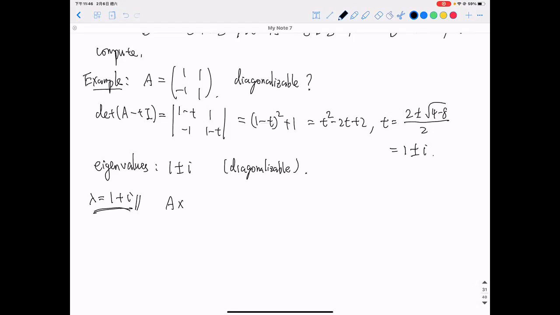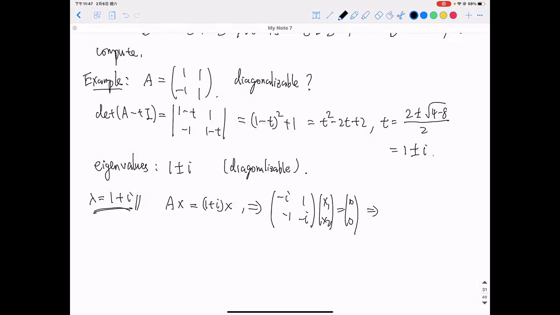So for the eigenvalue 1 plus i, we need Ax equal to (1 plus i)x. So that's the same as [minus i, minus 1; 1, minus i] times (x1, x2) equal to (0, 0). You can see here that these two equations are the same, because the two rows differ by a factor of minus i.